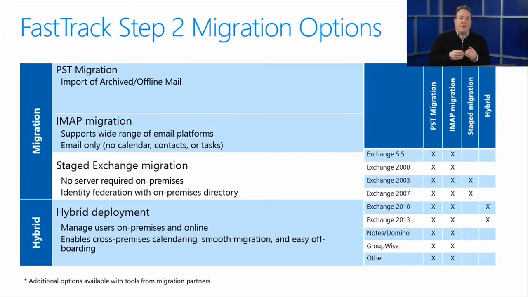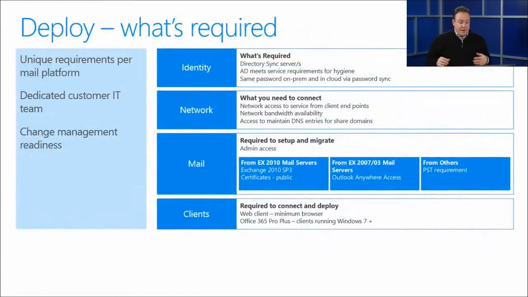But we really are going to highlight also staged migration. Staged migration is when you're coming from 2003 or 2007 Exchange and being able to scope the users of who you're migrating, move to production at scale, and start moving those mailboxes, utilizing tools that are built in with Office 365. Yeah. What's required? Like I said, more is required. You need to know what you're coming from.